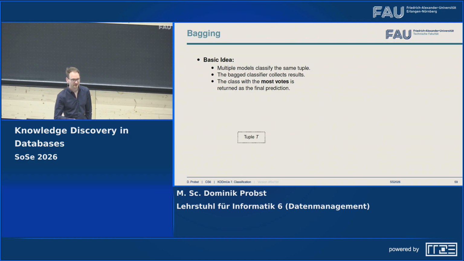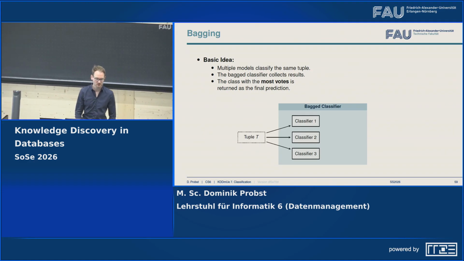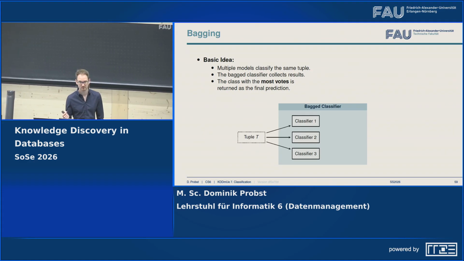So basically, we have a tuple T, we put that tuple T into 3 different classifiers. Each of these classifiers creates a prediction. For example, in this case, classifier 1 ends up with yes, classifier 2 with no, classifier 3 with yes.